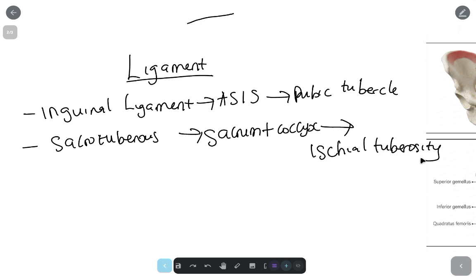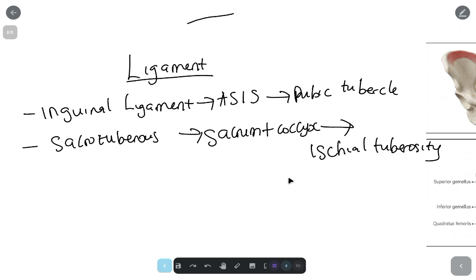So the inguinal ligament originates from the anterior superior iliac spine and it inserts at the pubic tubercle, while the sacrotuberous ligament originates from the sacrum and the coxae and it inserts at the ischial tuberosity, while the sacrospinous ligament, from the name sacro, what should be in your mind is what? The sacrum.